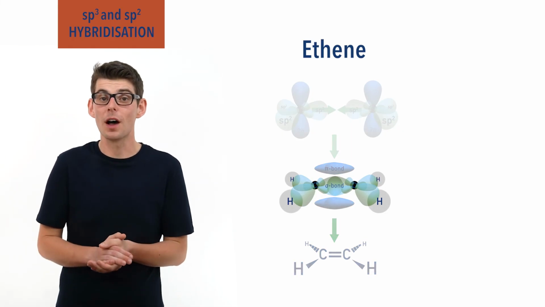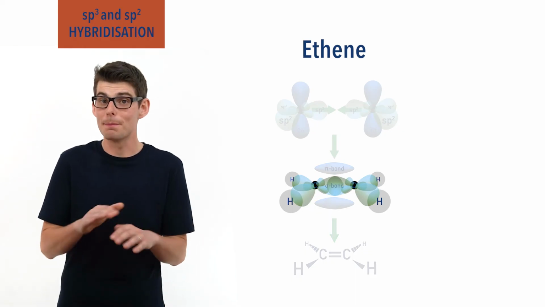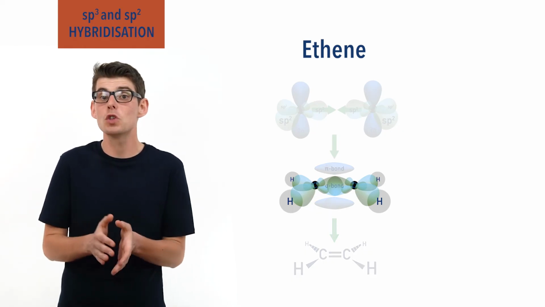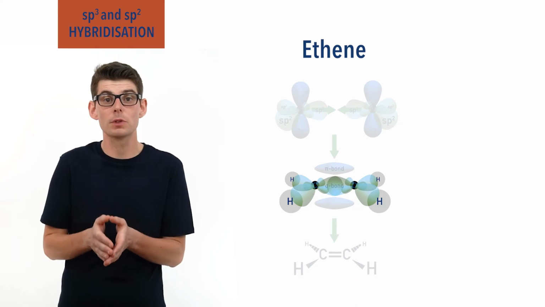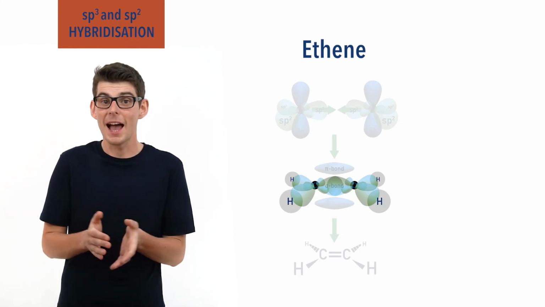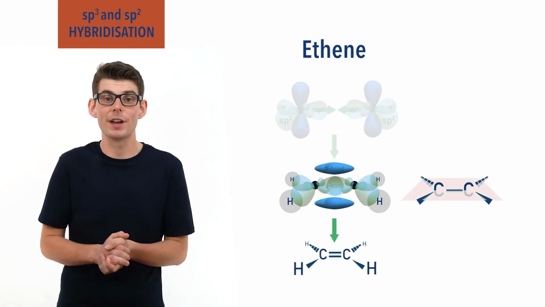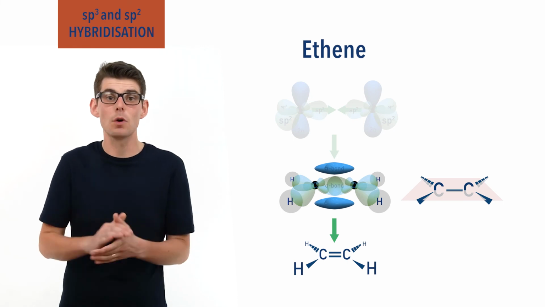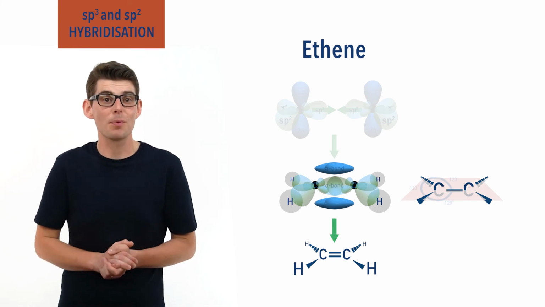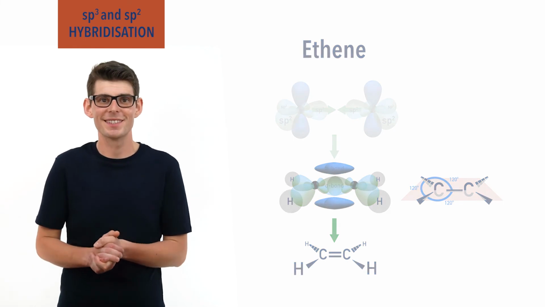The sp2 hybrid orbitals are all in the same plane on each carbon atom due to repulsion from the p orbitals forming the pi bond. And they all have a trigonal planar arrangement, giving a flat molecule with bond angles of approximately 120 degrees.